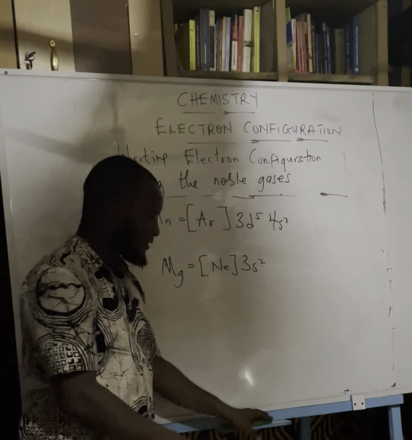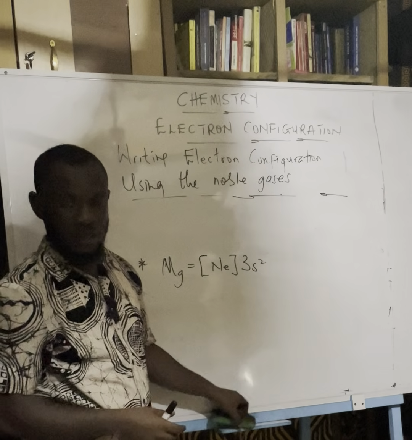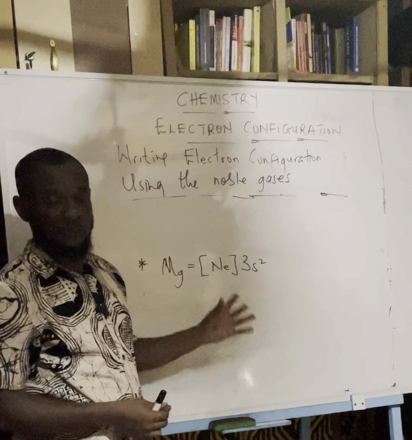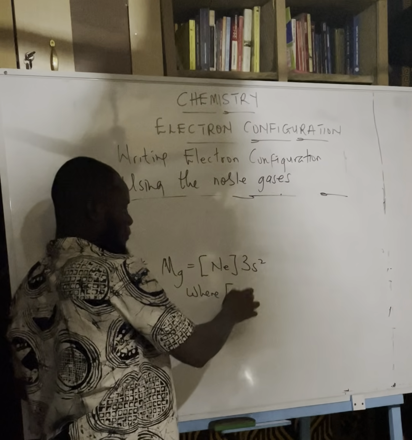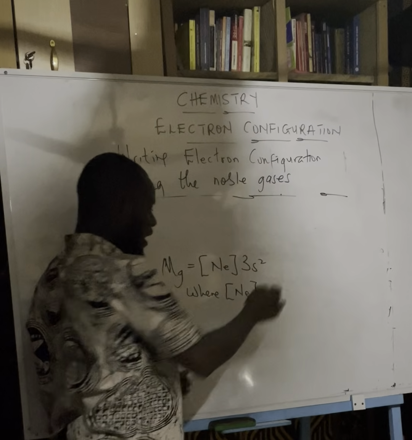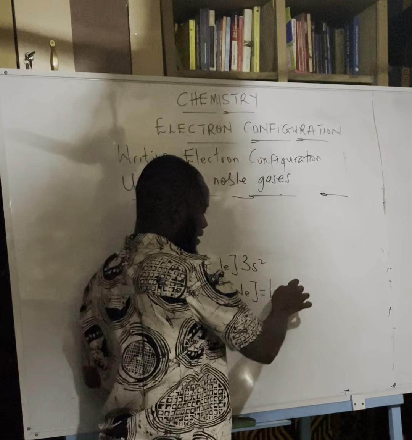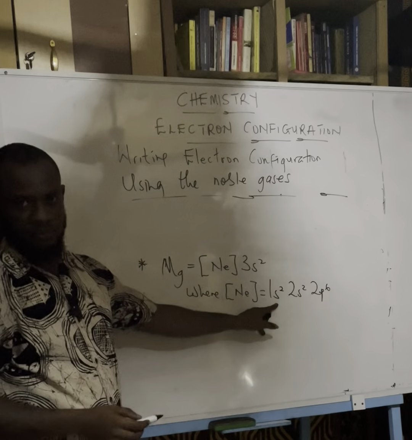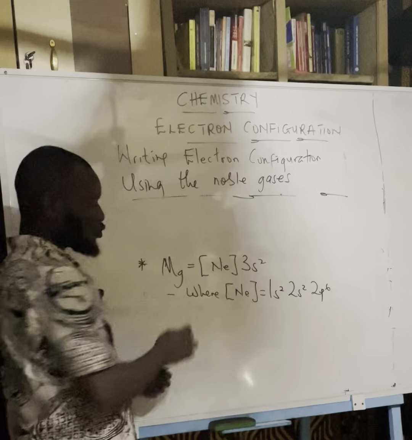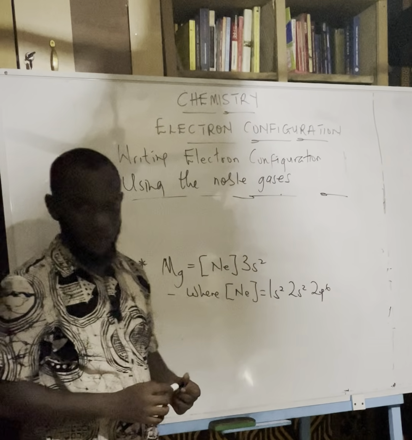So when you write it like this in an exam, you will be penalized. Now, what must you do? You must go on to explain to us what this is. So when you write the electron configuration like this, you must tell us that the electron configuration of neon is this. Without this explanation, where this means this, you will be marked wrong.